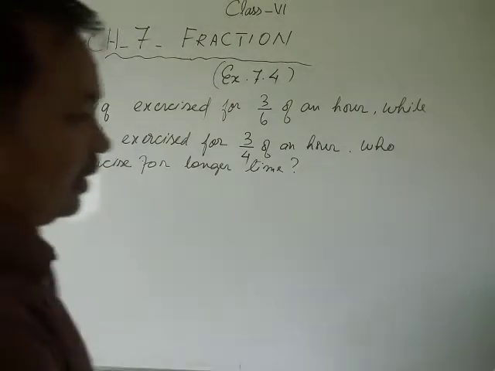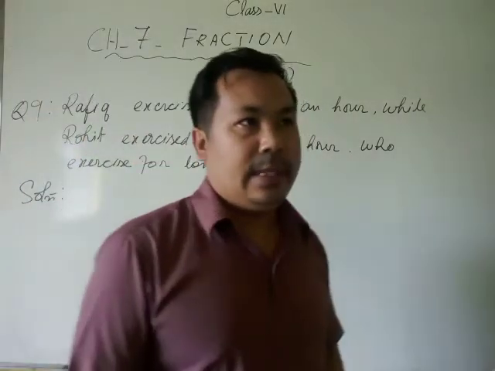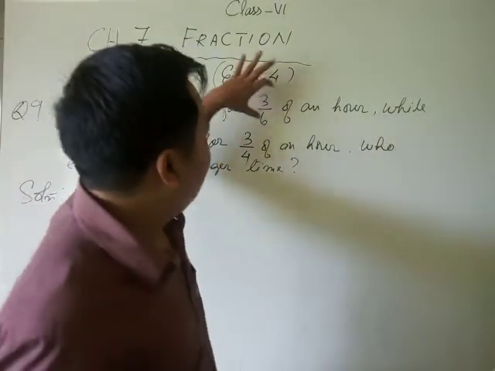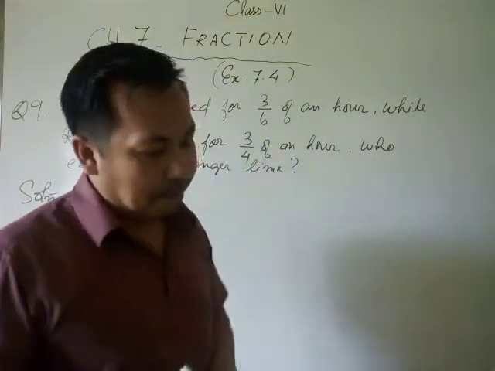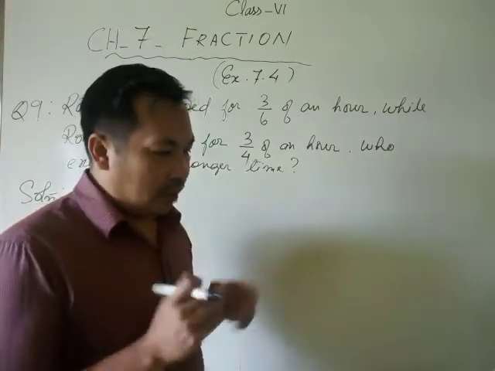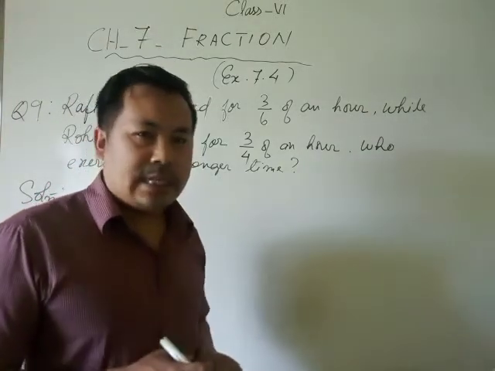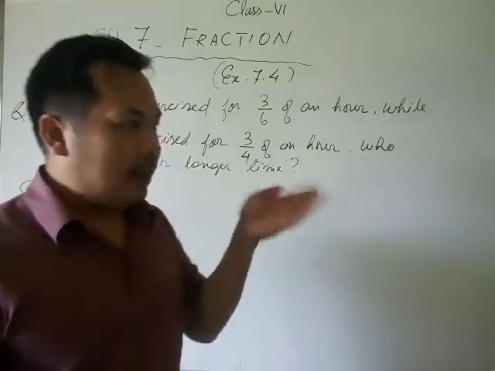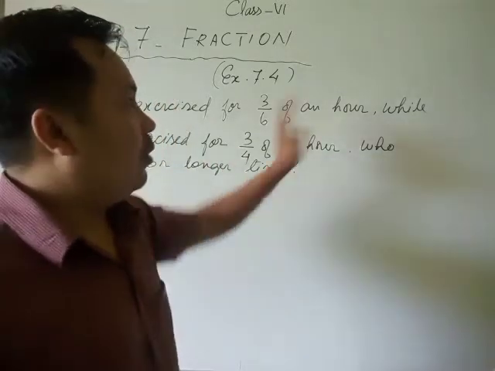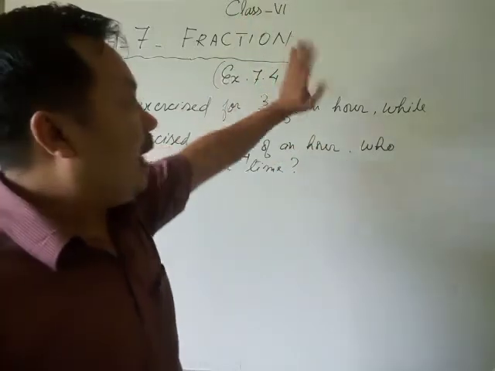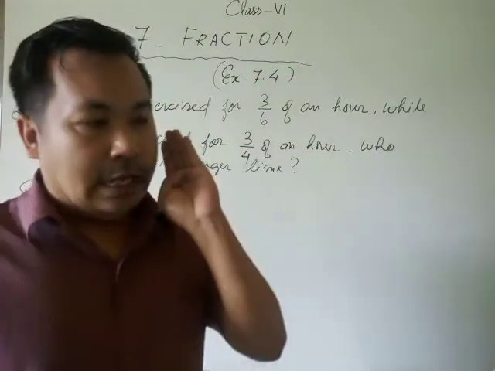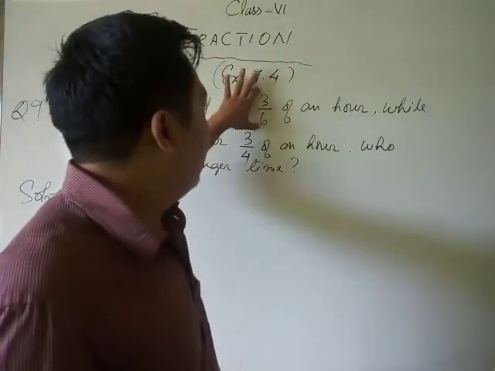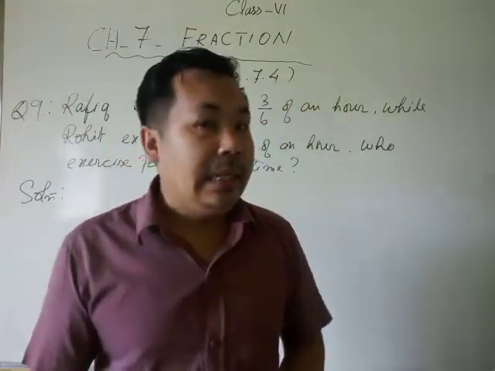So my dear students, let us try to do it in a very simple way, also in another way, okay? See, 3 by 6 of an hour means, in 1 hour, how many minutes are there? 60 minutes are there. Then how many minutes is each of them exercising? It is not more than an hour. These fractions will represent minutes.